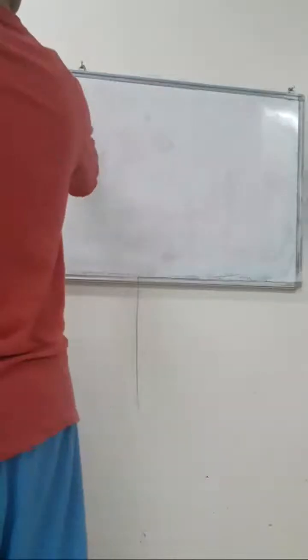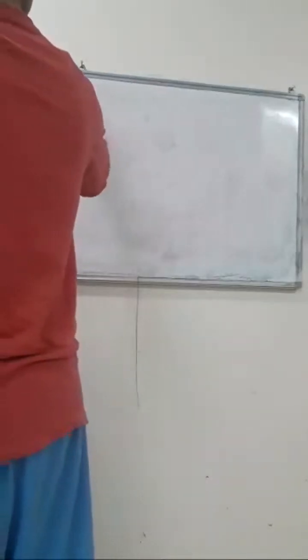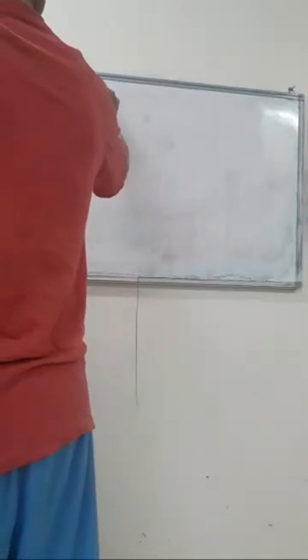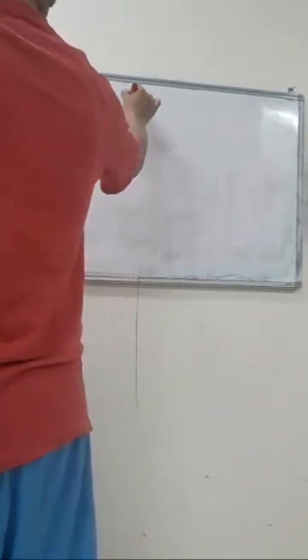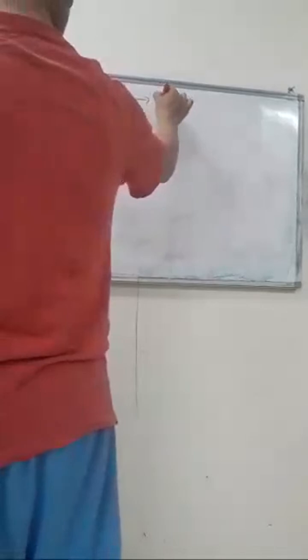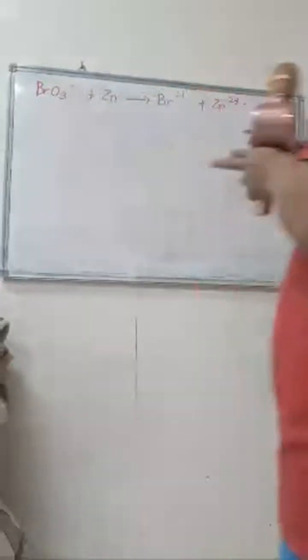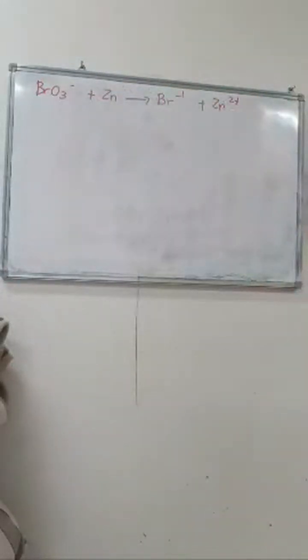Now here, an example: bromate plus zinc is equal to bromide 1 negative plus zinc 2 positive. You may wonder why sometimes it's zinc 2 positive and sometimes zinc positive 2.